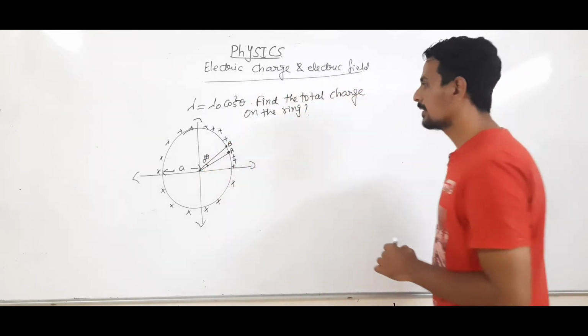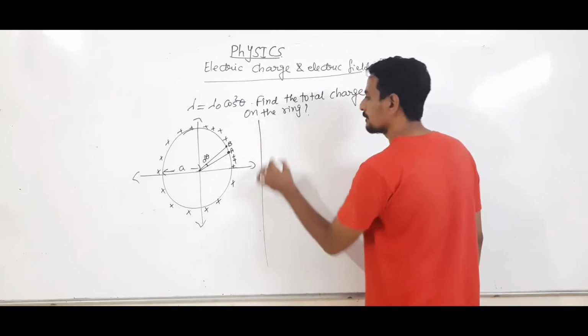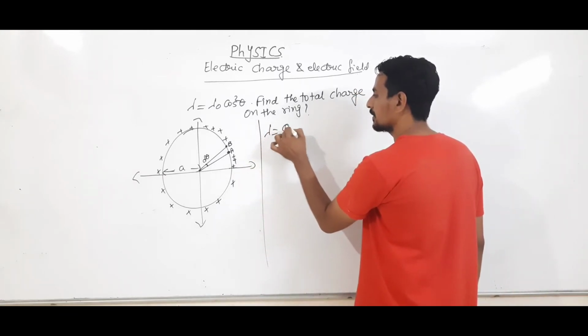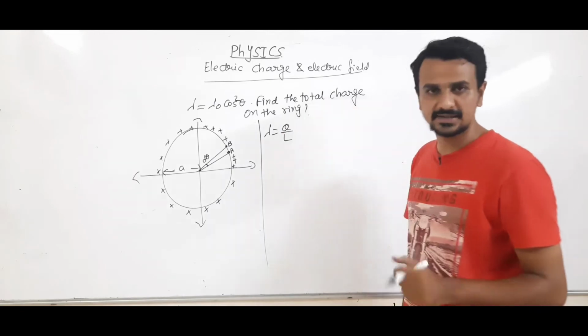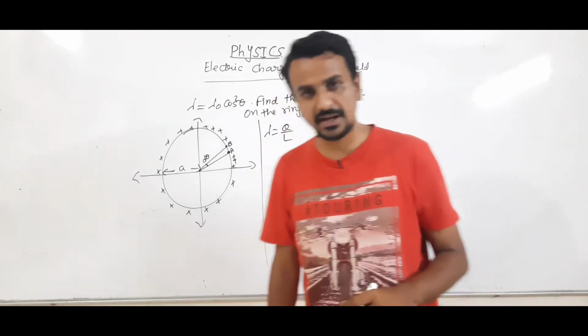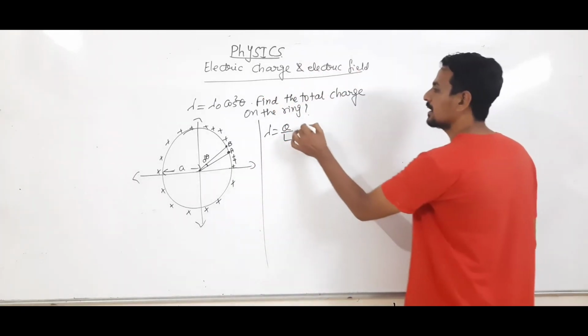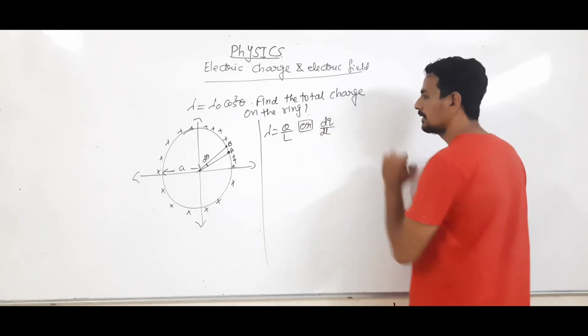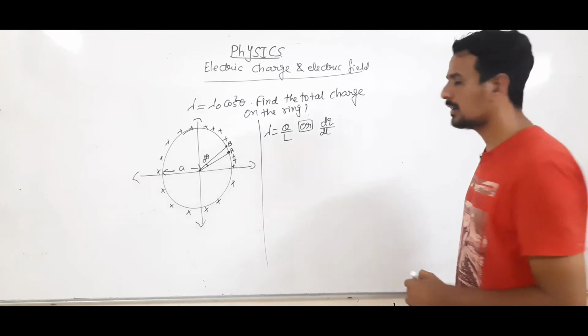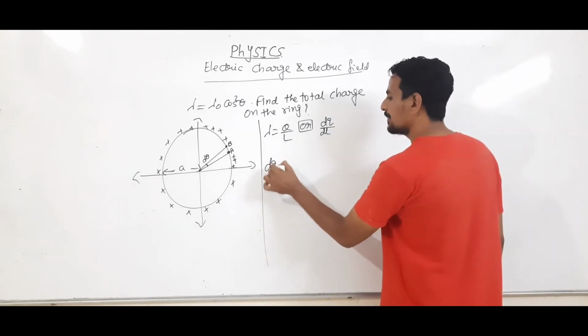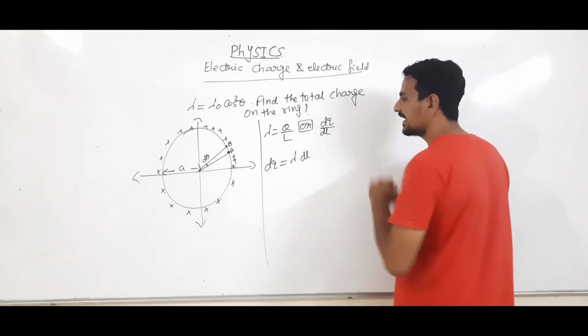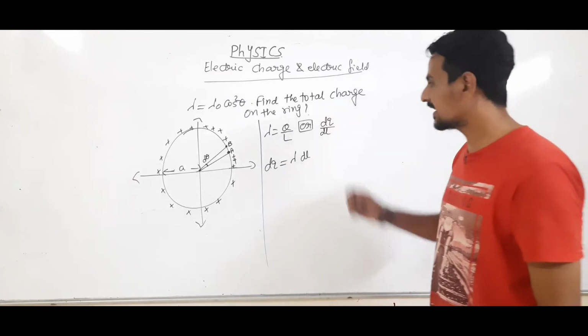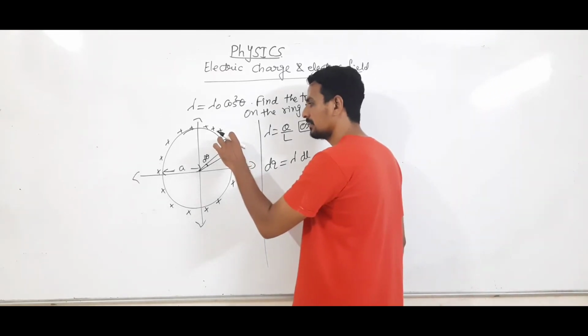Clear? Okay. So now what is lambda equal to? Q by L, its linear charge density. So it will be charge per unit length, or lambda is also equal to dq by dl. So now dq will be lambda into dl. What does this dl represent? This length of arc.